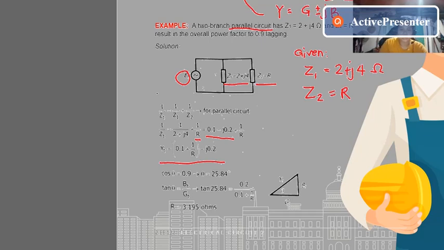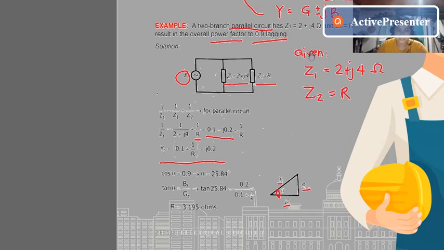So first we need to solve for our R. Since the problem gives a power factor of 0.9, we will use the power triangle. So we have our GT, BT, and YT. Since it gave 0.9, we need to solve for our angle. First, we need to convert our 0.9 power factor into the power factor angle.